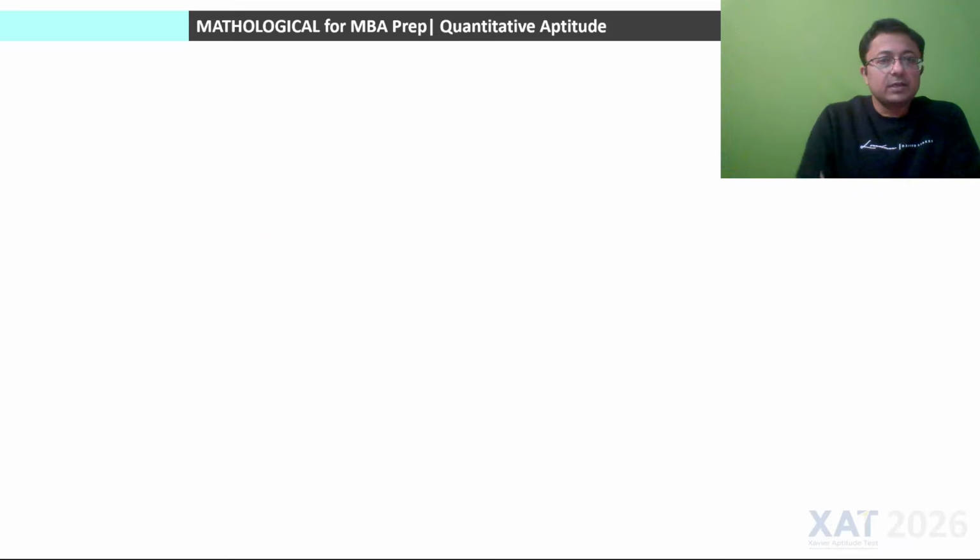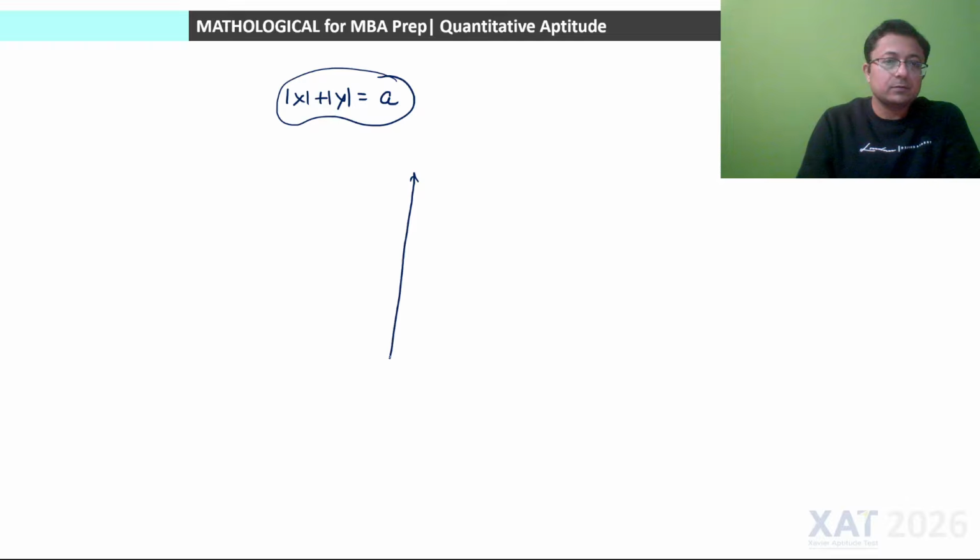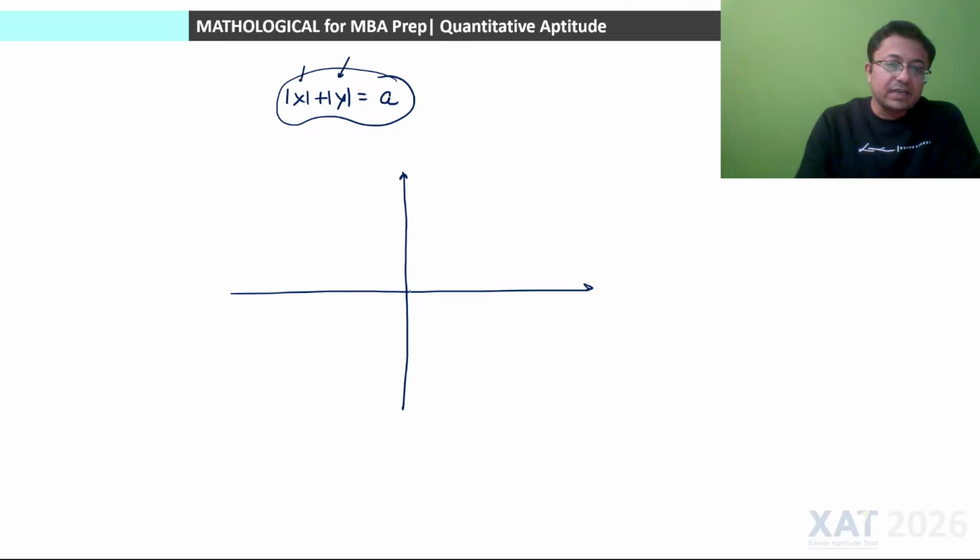Okay, so first of all, if we are given the equation mod of x plus mod of y is equal to some constant a, and we have to make a graph for this. Mod of x implies distance of x from 0, mod of y implies distance of y from zero. So the center is (0,0). If we are taking y equal to 0, it will be on the x axis, so mod of y will be equal to 0. So mod of x is equal to a, that is, x should be equal to plus a and minus a.